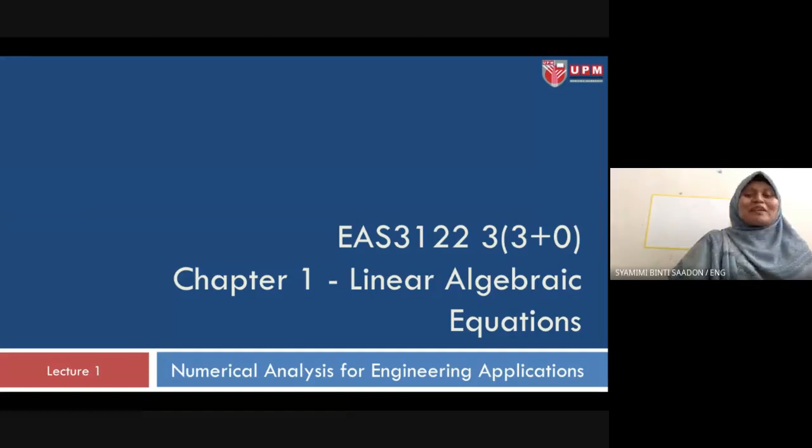Okay, so today we will still continue the same chapter, chapter 1, linear algebraic equations. Last 2 weeks we have seen 2 methods, direct and indirect methods to solve linear algebraic equations.